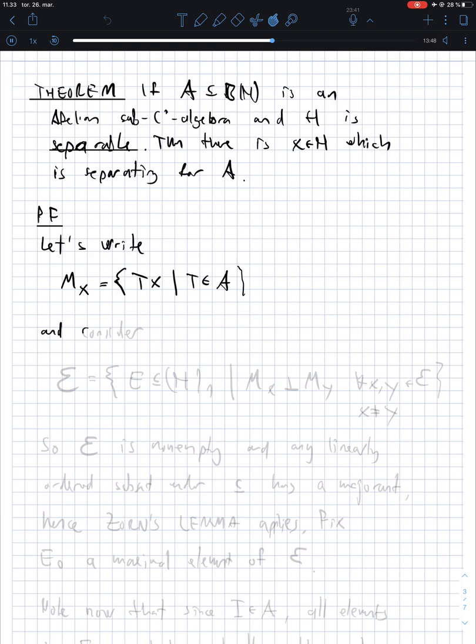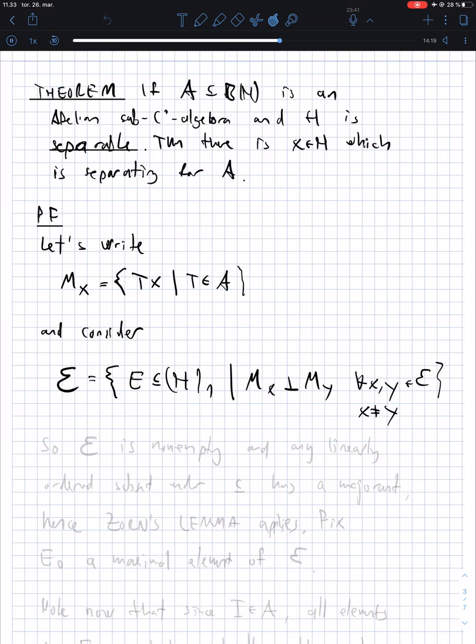And consider a set E, which is a set of subsets of the unit ball of my Hilbert space that has the property that Mx is orthogonal to My for all x and y in E, of course different.